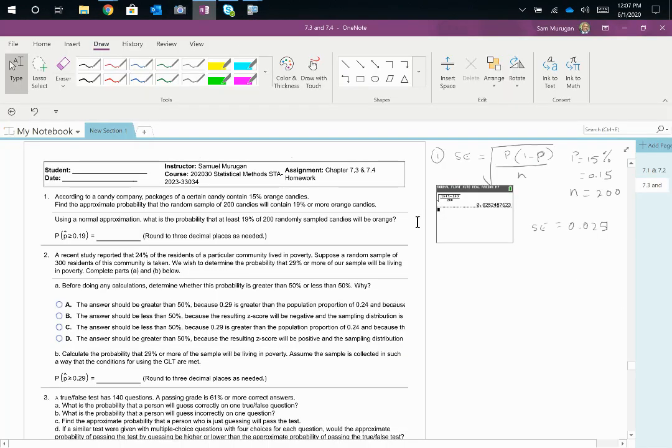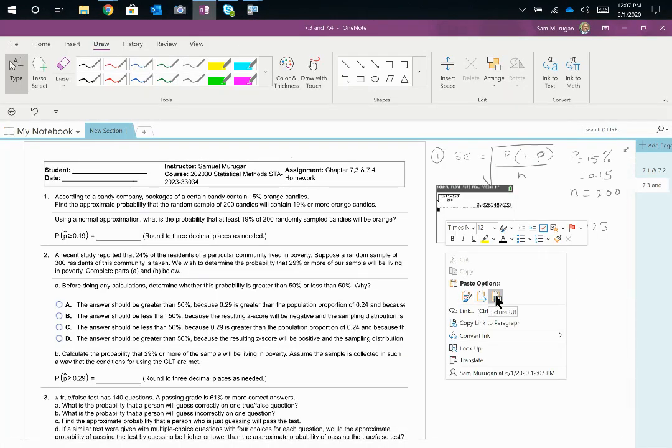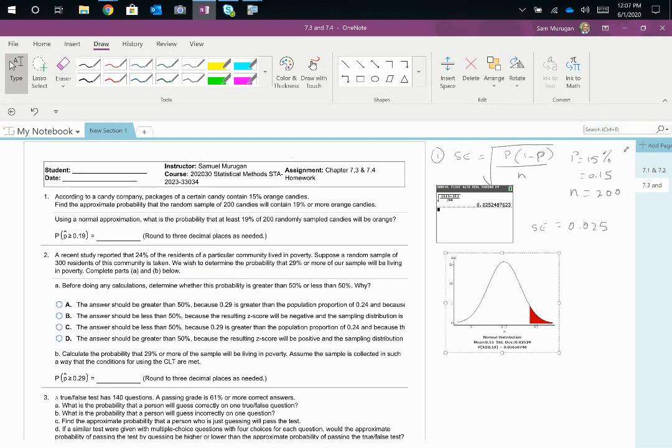So I'm going to go ahead and put this in here. And from this, we can get our answer here to 3 decimal places, 0.057.